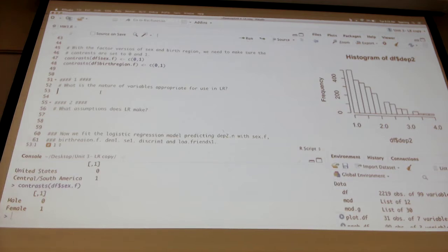Linearity of the logit. What does that mean, by the way? Assumption that continuous predictors have a linear relation with their natural log. Wow, that was so perfectly stated. What does that mean?